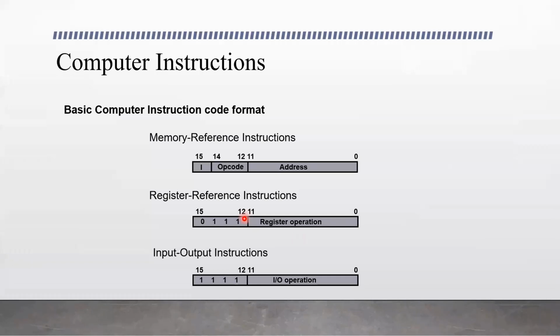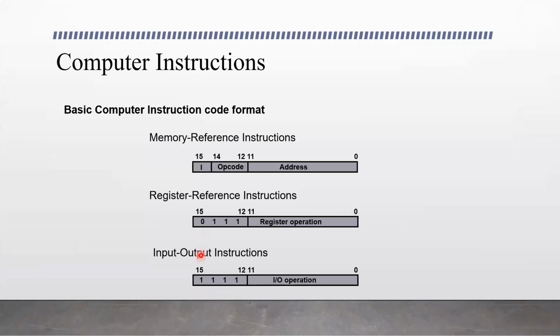If you observe bits 12 to 14, the bits are 1, 1, 1. For these two types, register reference and input output instructions, the bits at positions 12 to 14 are 1, 1, 1, three ones. For the register reference instruction, the most significant bit is 0, and for input output instructions, the most significant bit is 1.